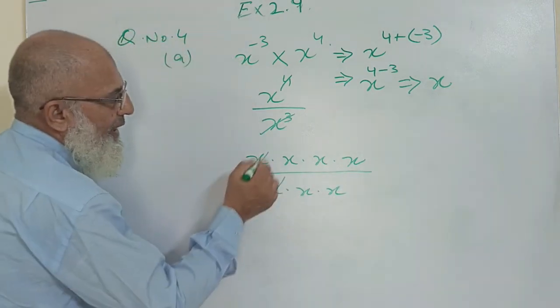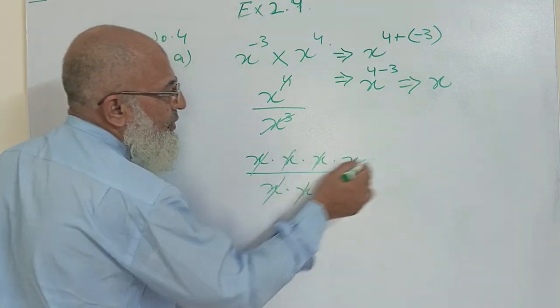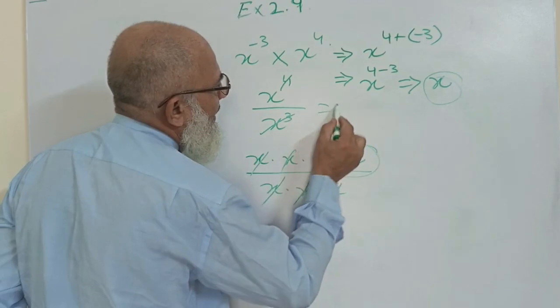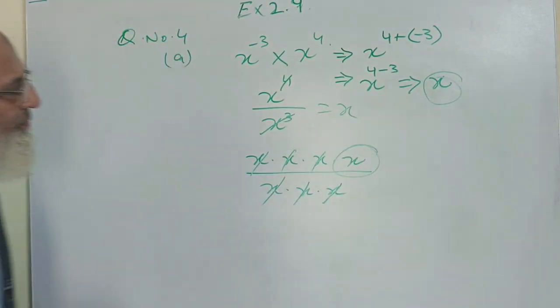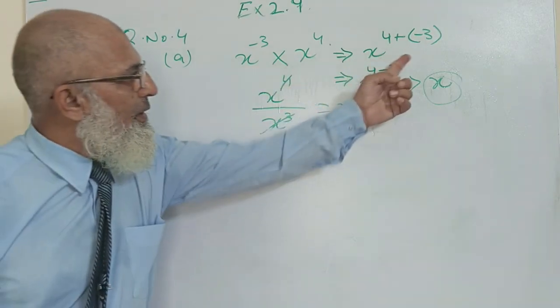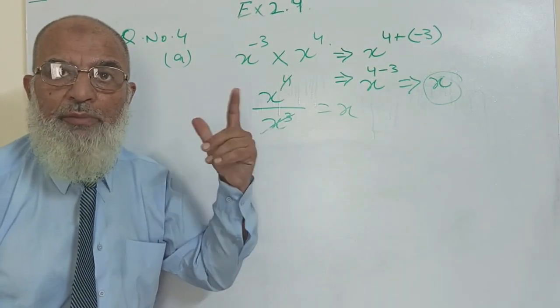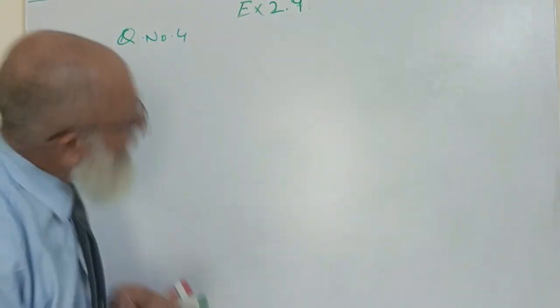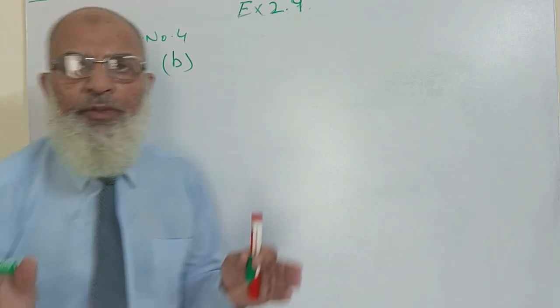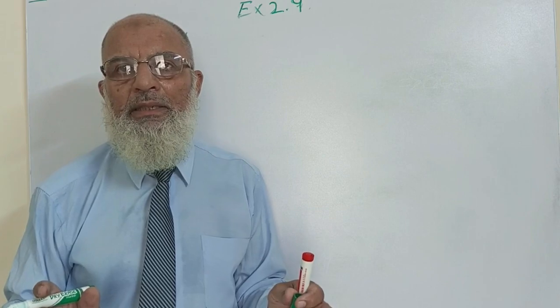You see that 1x, 2x, 3x, only one x is left. So here you have 1x and here you also have 1x. So dear students, we will be using this method, the laws of the indices. Part B, question number 4, part B.